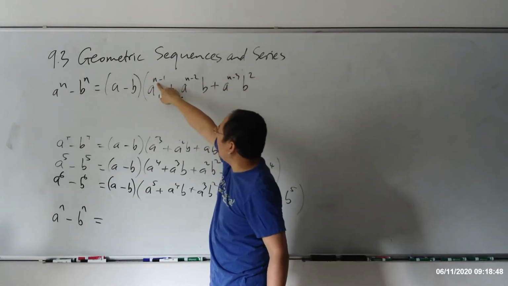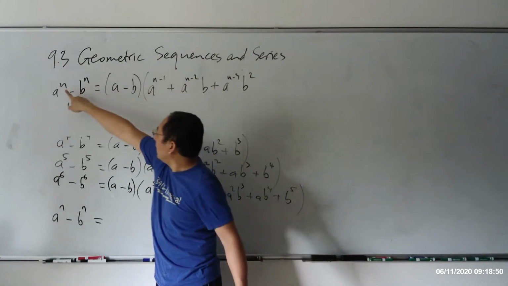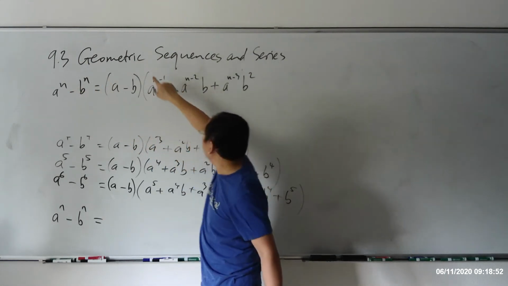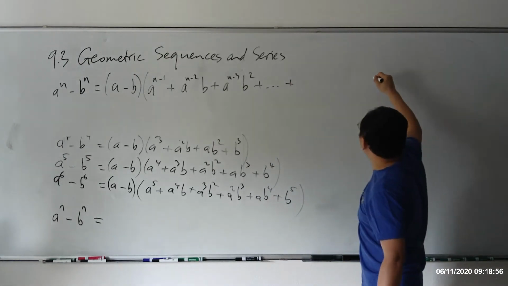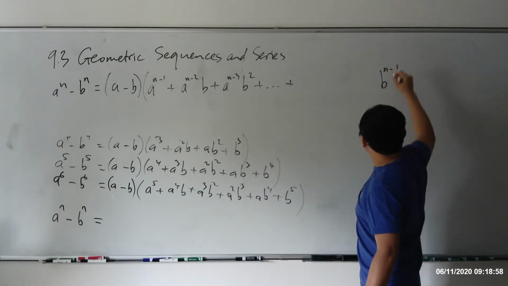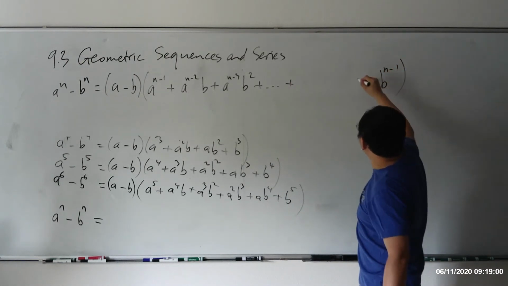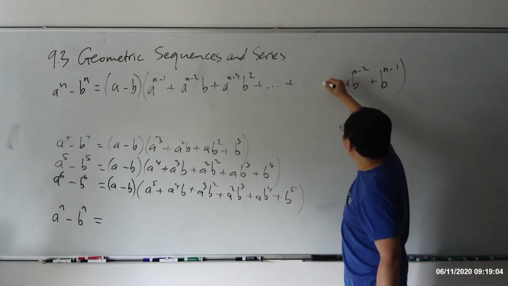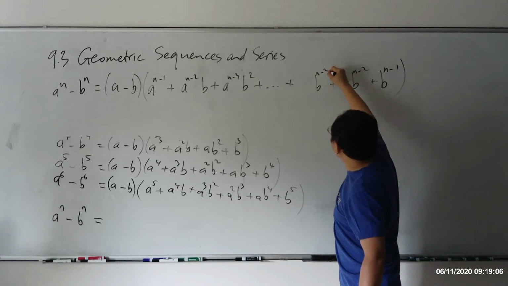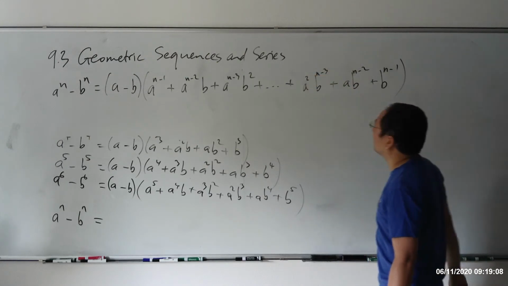See, the exponent of a keeps going down. This is n, then n minus 1. Of course, the last term is going to be b to the n minus 1. The term right before it is b to the n minus 2 times a. The term right before that is b to the n minus 3 times a squared.